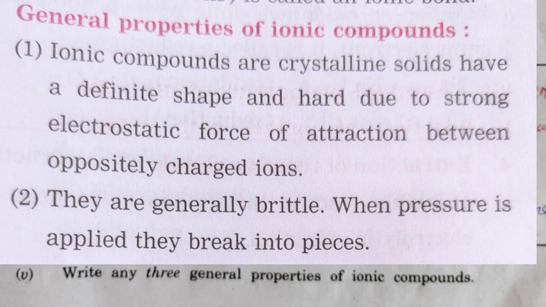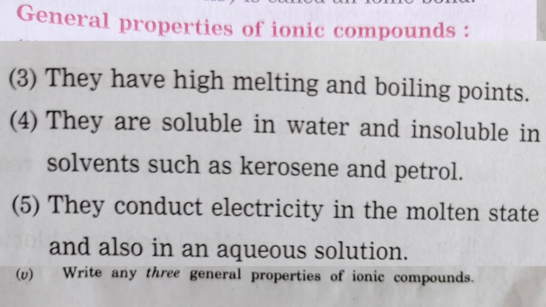When pressure is applied, they break into pieces. 3. They have high melting and boiling points. Fourth, they are soluble in water and insoluble in solvents such as kerosene and petrol. Fifth, they conduct electricity in the molten state and also in an aqueous solution.